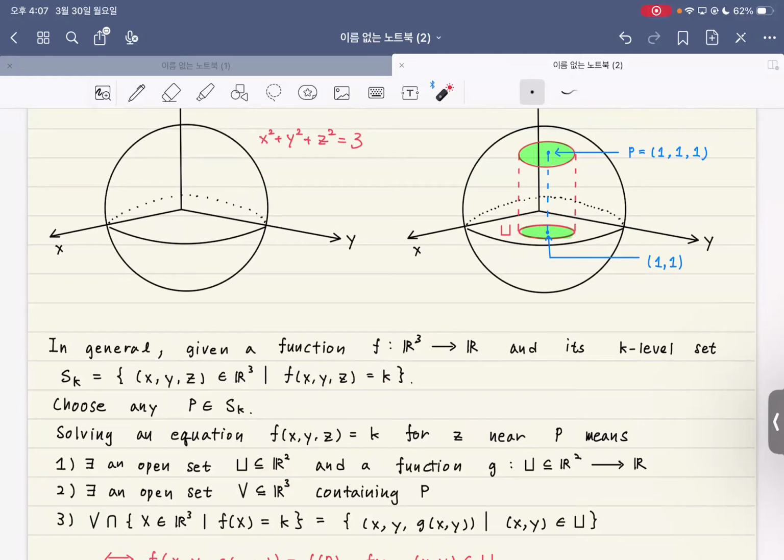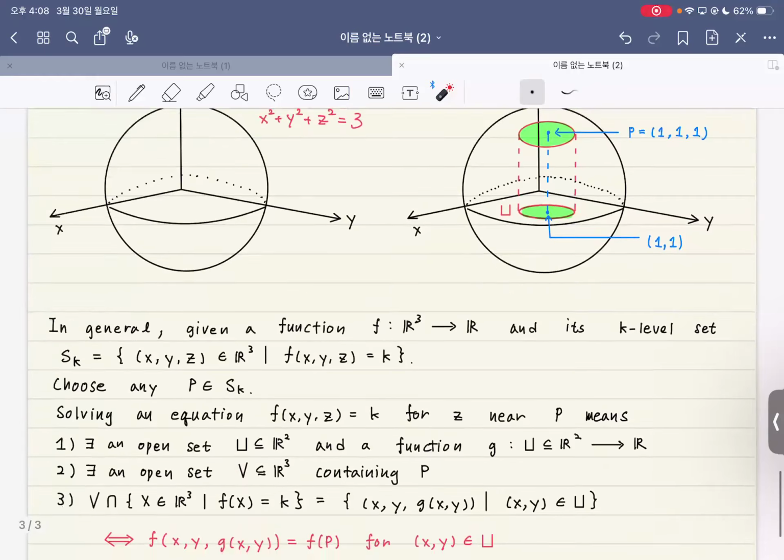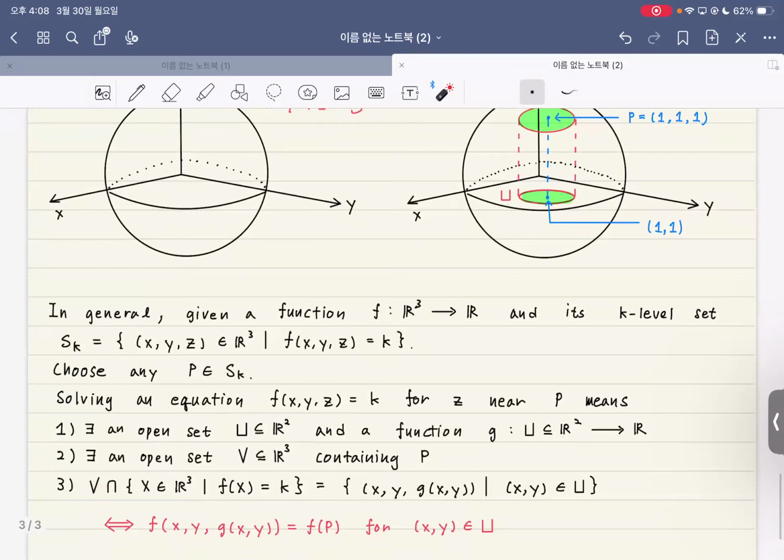On this open domain, I can define a two-variable real-valued function g. And there is another open set V containing this point, and the intersection of this open set and the level set is the same as the graph of this two-variable function on this open set.